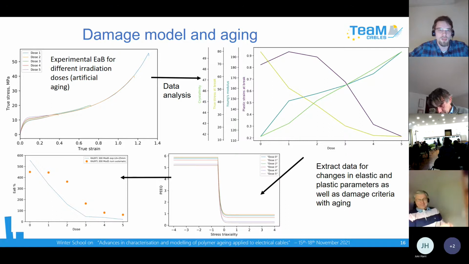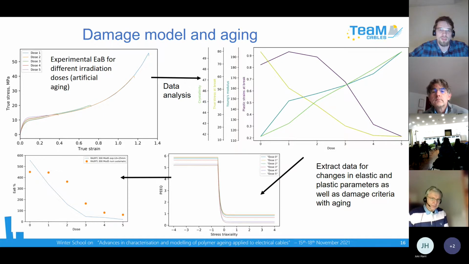Okay, cool. Yeah, so before I mentioned only stress-strain curves and elasticity and plasticity, but to model the polymer properly, we also need to introduce some damage and aging. And once we have these experimental data with different irradiation doses, we know elongation at break, and we know how these irradiation doses affect the elasticity and plasticity behavior of the material.